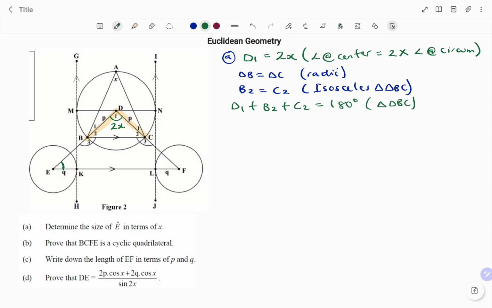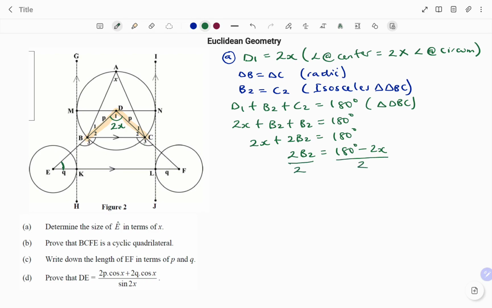Putting in the values, we have D1 as 2x, B2 is equal to C2, so I can call that B2 plus B2 equals 180. I have 2x plus 2B2 equals 180 degrees. Taking 2x to my right hand side, I'm left with 2B2 equals 180 degrees minus 2x, and dividing both sides by 2 to get the value of B2.